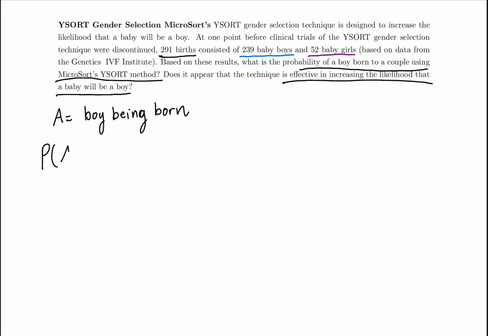So the probability of A, which just means the probability of a boy being born, is equal to the number of times A occurred for the numerator, and for the denominator, we would have to put the total amount of births.